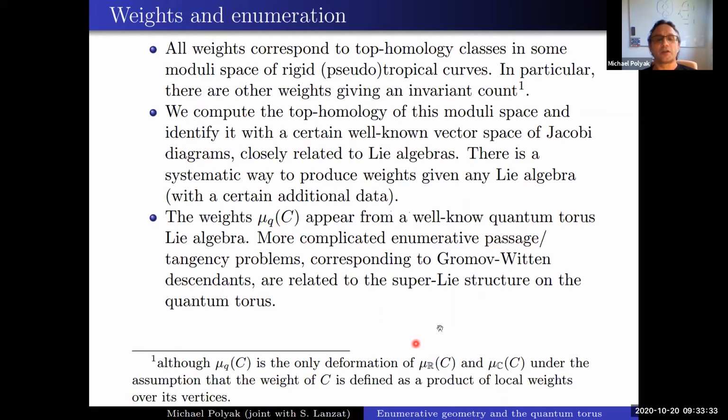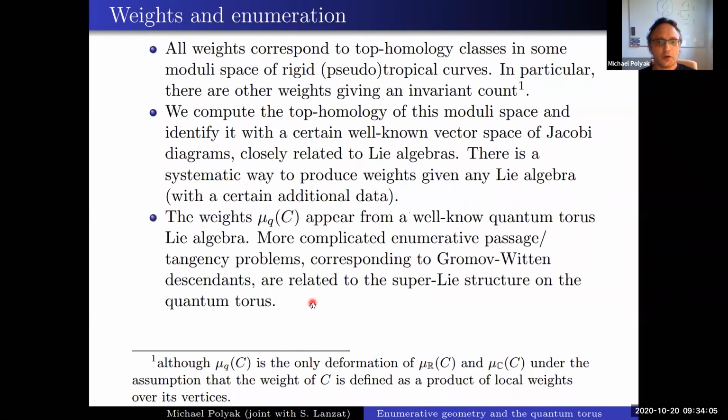It turns out that they're also related to the same quantum torus, but instead of the Lie algebra, now you look at it as the super Lie algebra. So there's the well-known super Lie part also, and it turns out to be related to these tangency problems. So I will try to cover these three pieces in more detail. So that would be the plan.